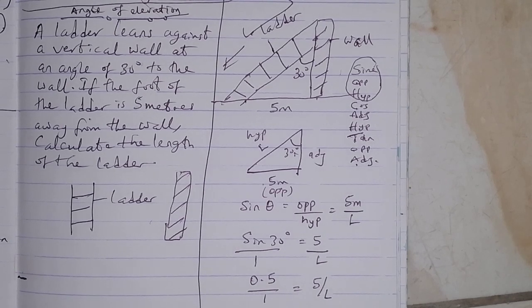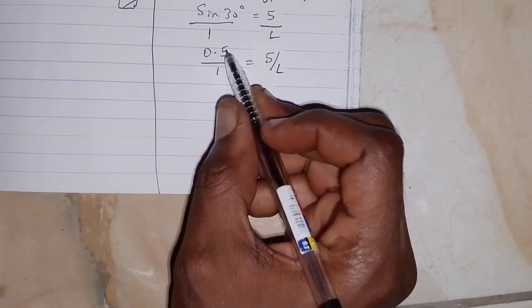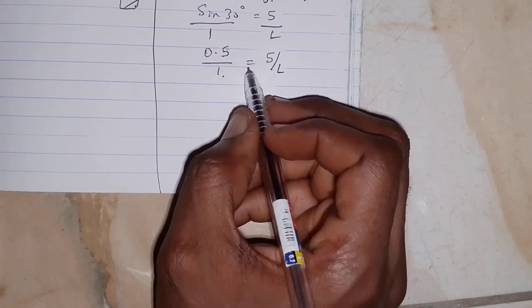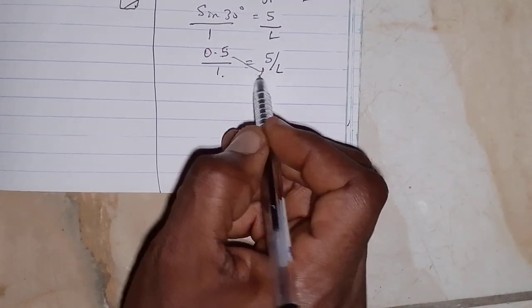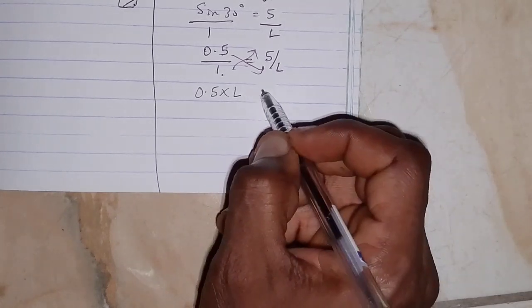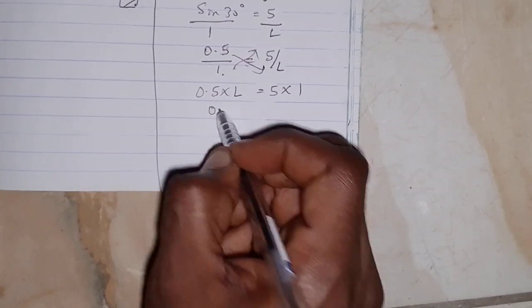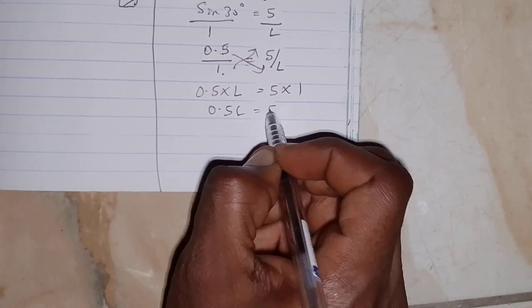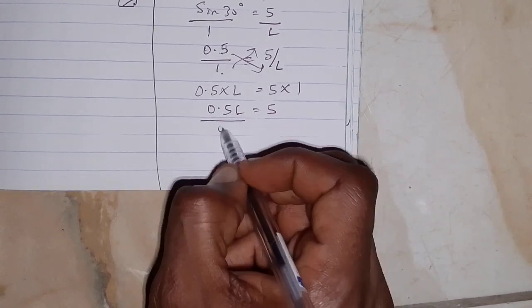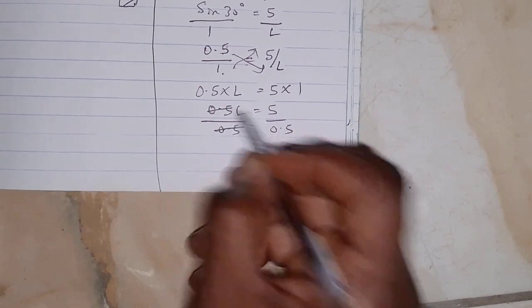Remember, I mentioned cross multiply. When you see a numerator and denominator facing each other and the equal to sign is in between them, you always work out to cross multiply. So it will be 0.5 times L equals 5 times 1. Can you see now? 0.5 L equals 5. To get L, you divide by the coefficient of L, which is 0.5.